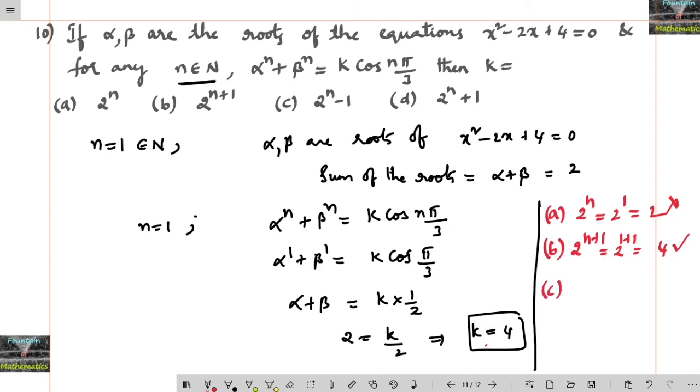Let's check the other options also. 2 to the power of 1 minus 1 is 1, not possible, it's not equal to 4. Next, D option, 2 to the power of 1 plus 1 is 3, which is also not equal to 4. So among these 4 options, which option is satisfying here? Only the second option. So the second option is satisfying, and hence we can say the answer is the second one. Okay.